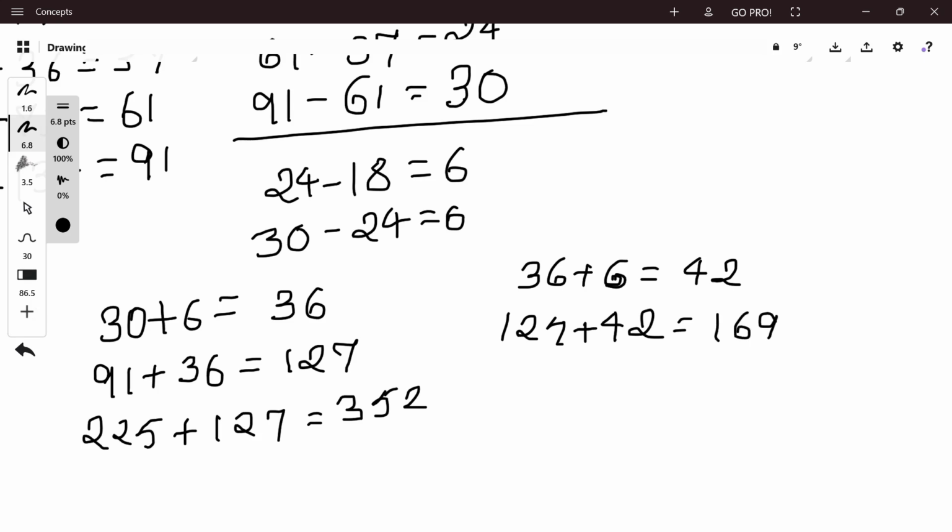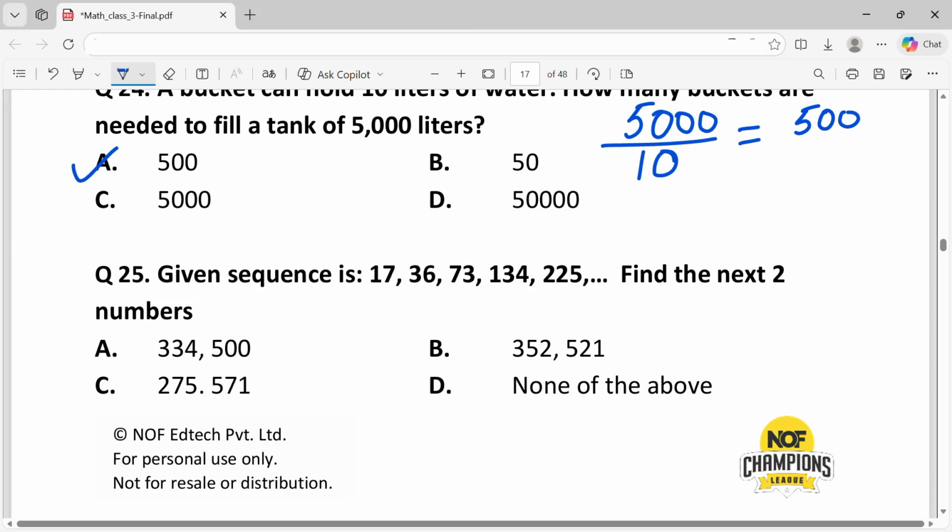And the next term, that is the seventh term, will be 352 plus 169, which is equal to 521. So from the given options, the answer is B, 352 and 521.